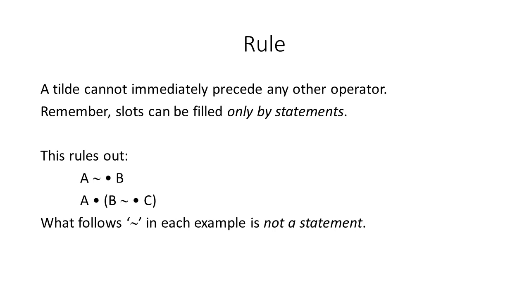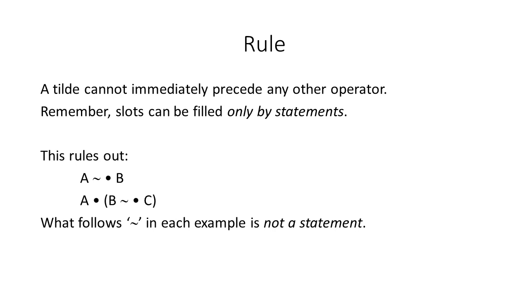All right, so a tilde cannot immediately precede any other operator. Remember, slots have to be filled only by statements. So this rules out A tilde dot B. We have our tilde there, and then we have an operator following it immediately, the dot. So we can't put dot B in the slot for the tilde. We can only put statements, and dot B is not a statement.